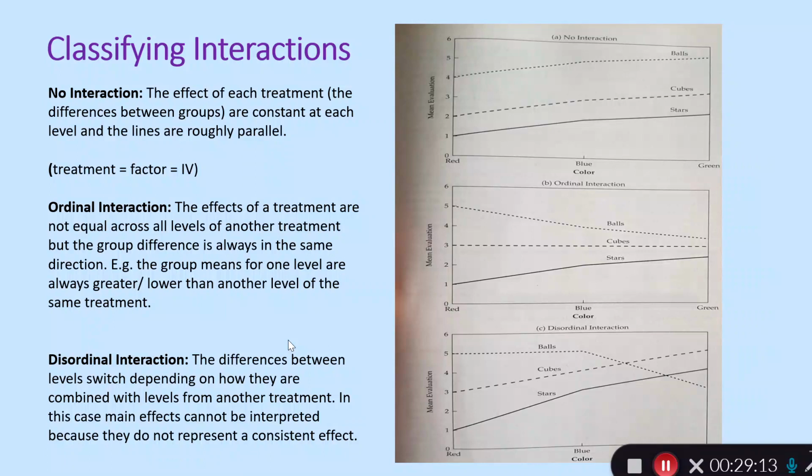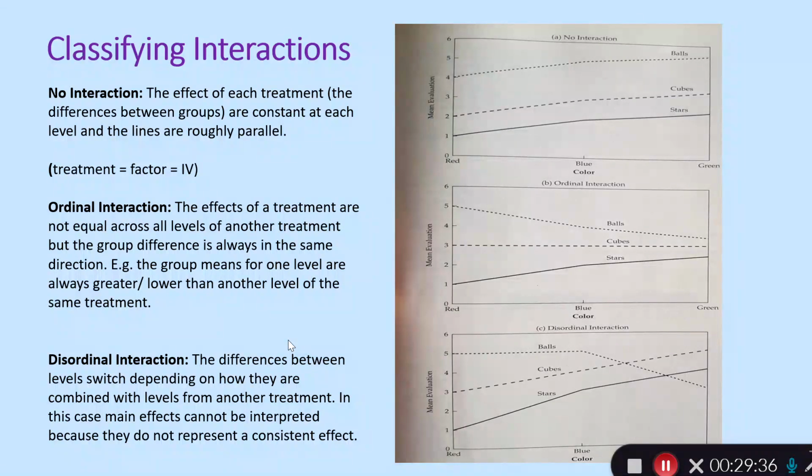They're not crossing over. The effects of an independent variable are not the same across all levels of the other independent variable, but the group difference is always in the same direction. You have a significant interaction and the main effects are constant, so you would report and interpret the main effects and the interaction.